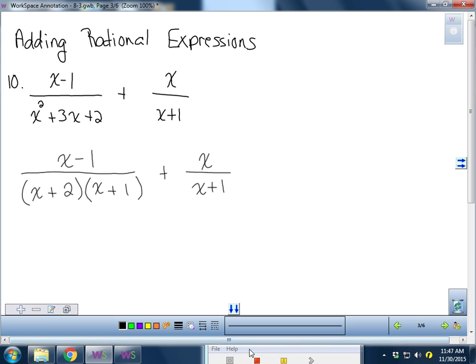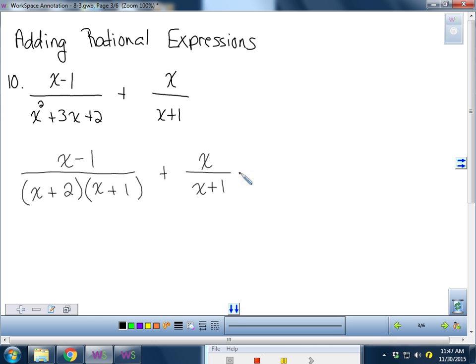Now, if you notice, I've got x plus 1 as a factor over here, and I have an x plus 1 and an x plus 2 over here. So I notice that we share a common factor of x plus 1. The only thing that I don't have on this side that would make this a common denominator is the x plus 2.